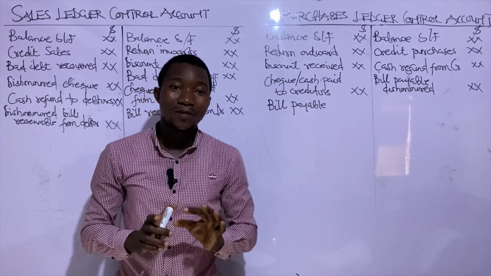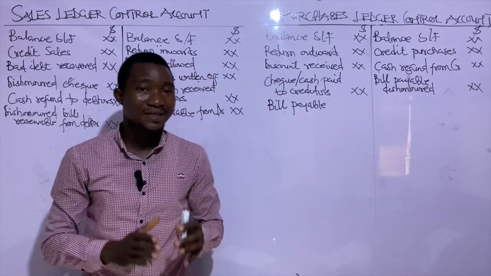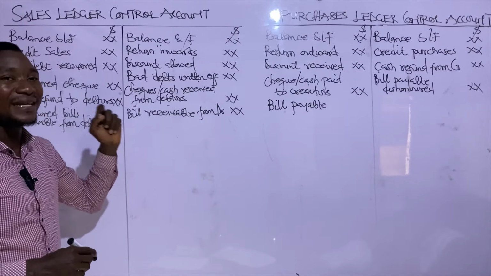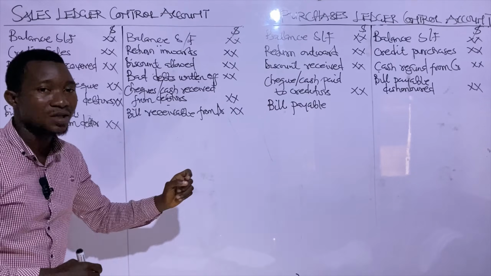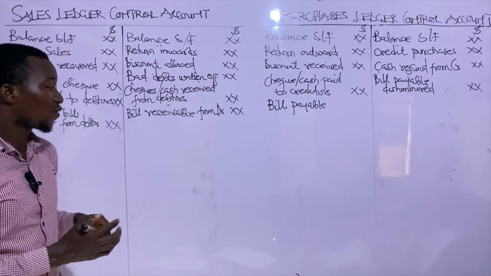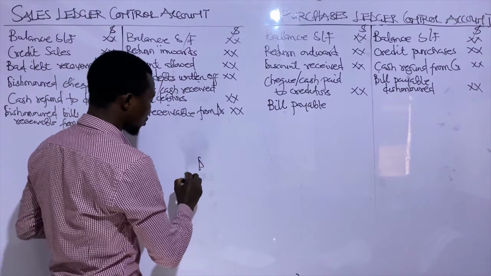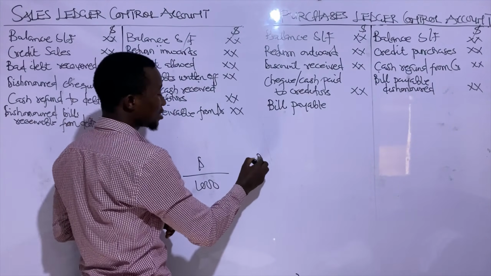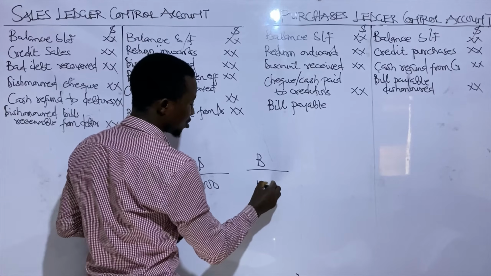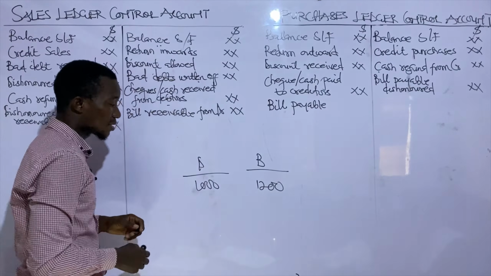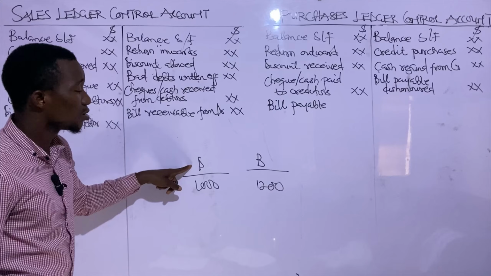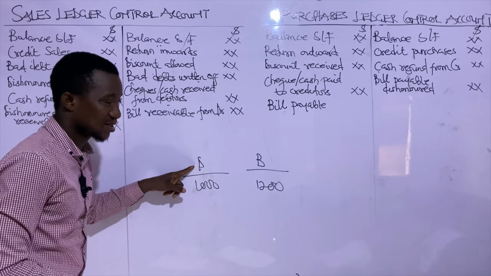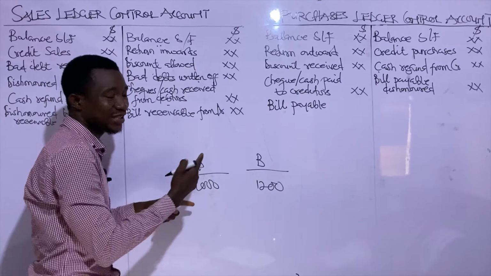The next item I would like to talk about, very important, is set off. We have something we call set off. Sometimes a particular debtor could be a supplier to a business. For instance, a debtor owes a business an amount of 1,000 cedis, and the business also owes that particular debtor 1,200 Ghana cedis. It may be that this debtor buys some items from the business, and this same debtor supplies some products to the business, so they are all owing each other.